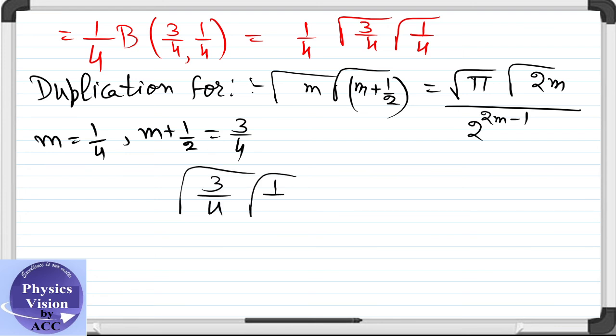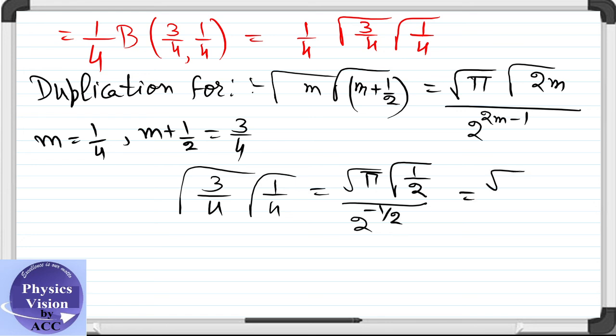Okay, so gamma 3 by 4 gamma 1 by 4 must be equal to under root pi. Gamma 2m is gamma half, which is under root pi again, and 2 raised to the power 2m minus 1 gives you 2 to the minus half. So this is equal to root 2 times pi.